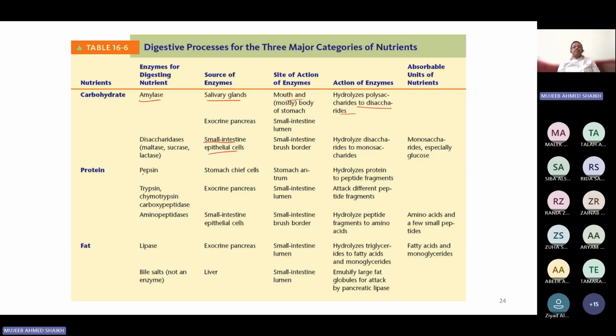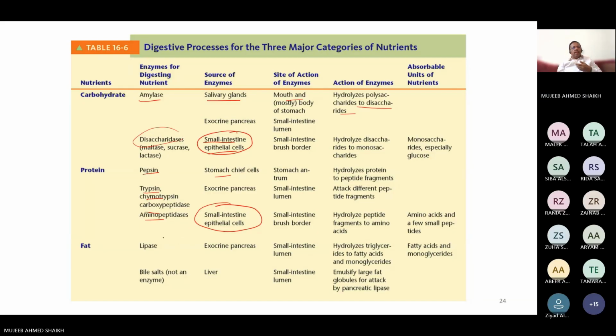For protein, pepsin will be present in the stomach, whereas trypsin, chymotrypsin, carboxypeptidases and aminopeptidases will be in the small intestine. For carbohydrate, it is because of the disaccharidase enzymes. For protein, it is on the epithelial cells by the aminopeptidases, carboxypeptidases, and trypsin, chymotrypsin.